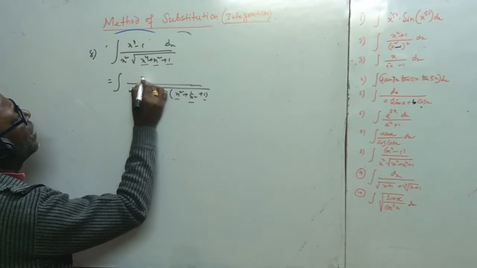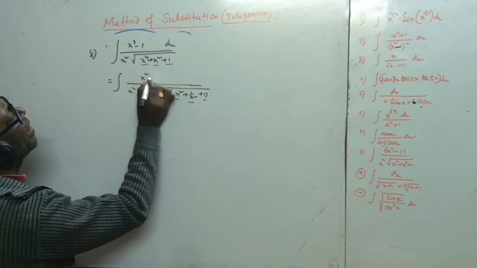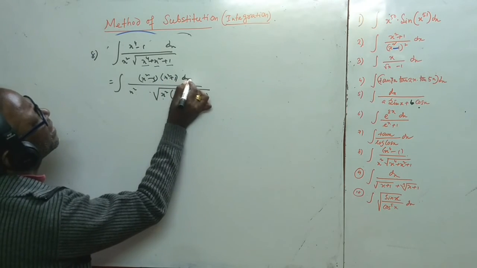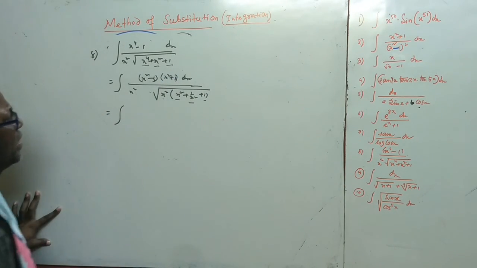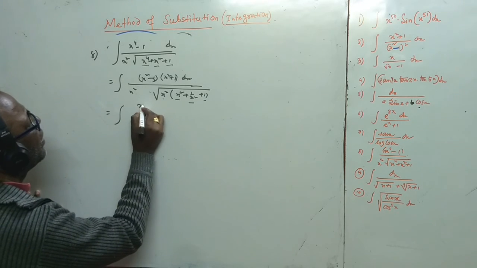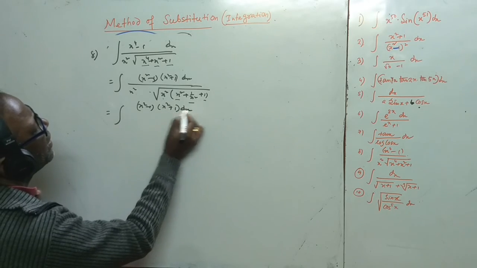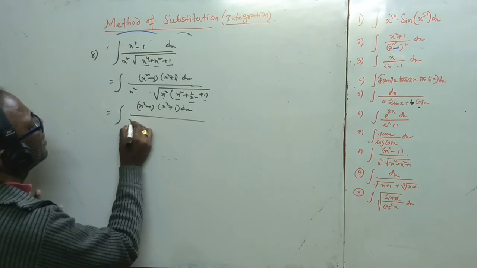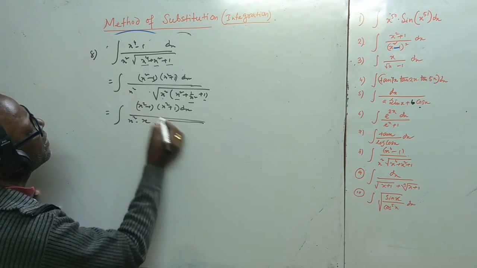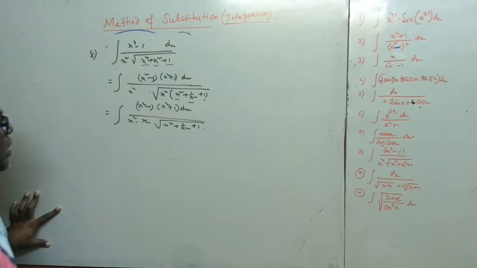Now factorize this: x plus 1 and x minus 1 and x square plus 1, dx. Taking common x square minus 1, x square plus 1 and dx, and this is x square times 1 by x square plus 1 here.